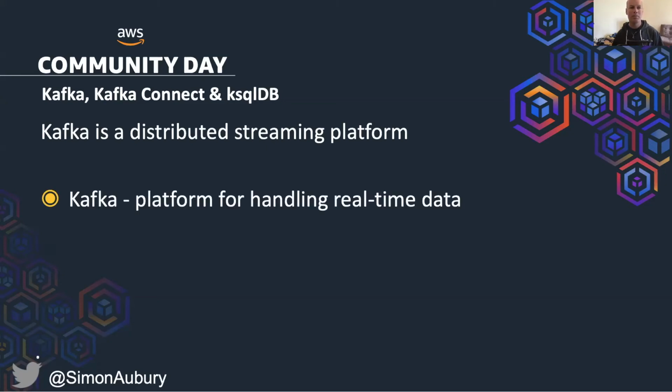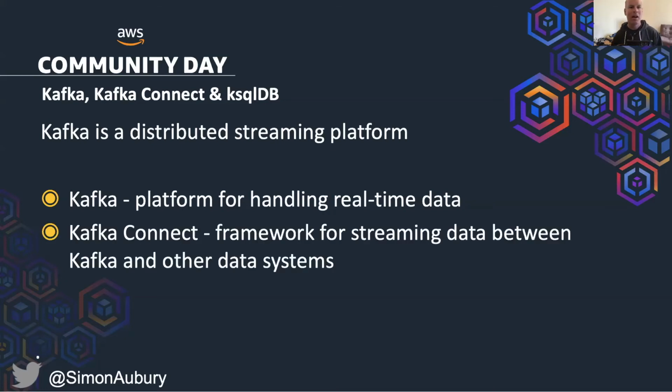There are a few components I'm going to be using out of the Kafka ecosystem. I'm going to be using Kafka itself as a storage mechanism, the platform for handling that real-time feed of messages from the camera. In addition, I'm going to be using Kafka Connect. Kafka Connect is a framework that allows you to get data from other systems, such as a database, or in my case, an MQTT endpoint, and lift it into Kafka.